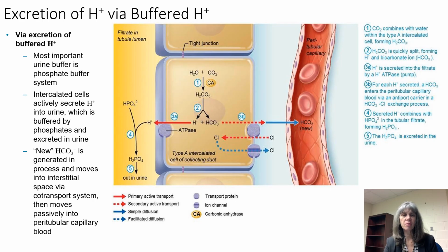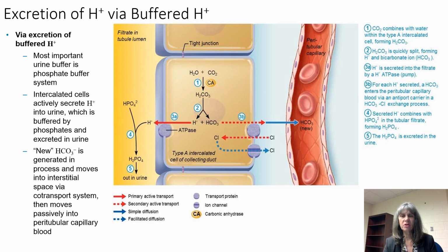They're going to combine to form carbonic acid. Carbonic acid then splits into a free hydrogen ion, which you see on the left below number 2 on the screen, and a bicarbonate ion to the right. And then if we follow that free hydrogen ion, you'll notice that it is going to be secreted into the filtrate by a hydrogen ion ATPase protein pump, in which case it will combine with the phosphate group to be excreted in the urine.